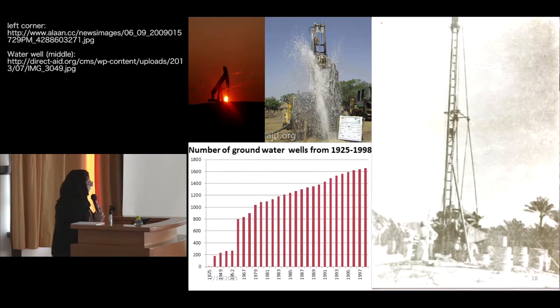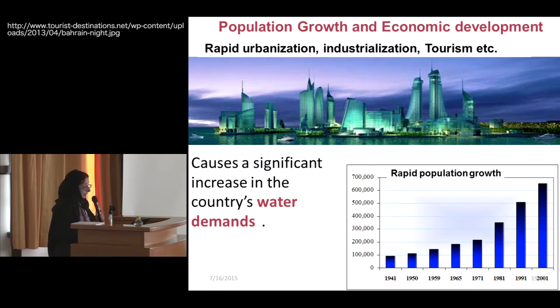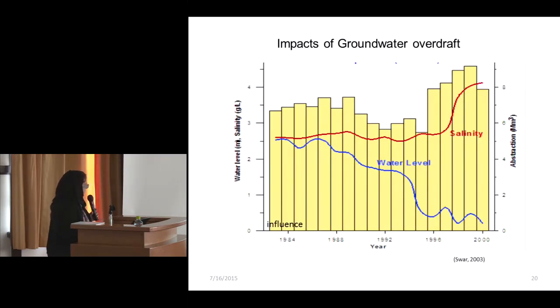In 2000, it became 1,600 borehole wells. This increase in the number of boreholes, due to the increased population and increased demand for water for urbanization and industry, resulted in a decrease of the water level and, at the same time, an increase of the salinity.